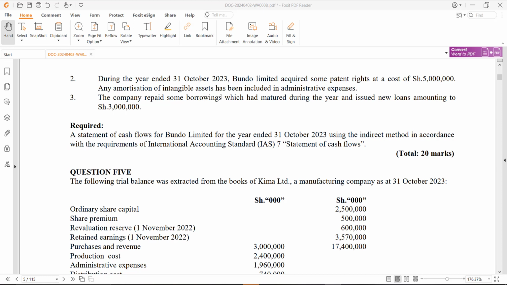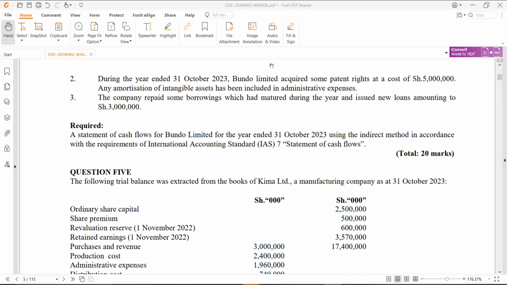Any amortization of the patents, of the intangible assets, has been included in the administrative expenses. So if this amortization is included in the administrative expenses, this means that we are going to adjust it as an uncash item. So we have amortization.